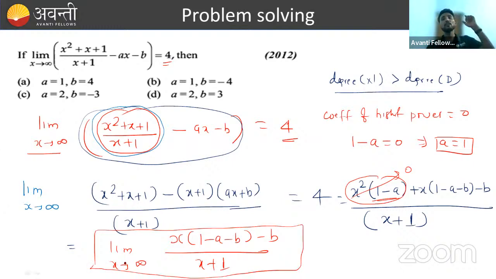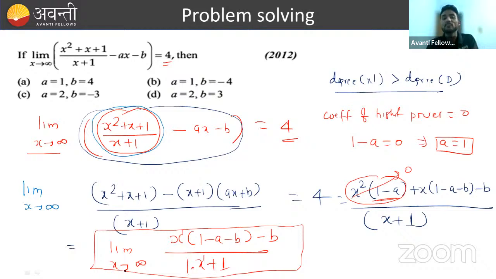Now there is one more thing that you have studied in the previous class. If the power is the same, x to the power 1 and x to the power 1, what is the limiting value? The limiting value is the coefficient of the highest power divided by the coefficient of the highest power. So here the coefficient is 1 minus a minus b, and in the denominator it is 1 only.